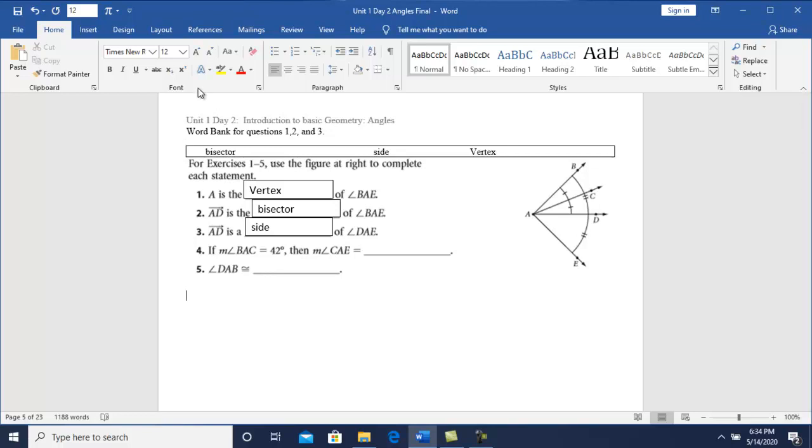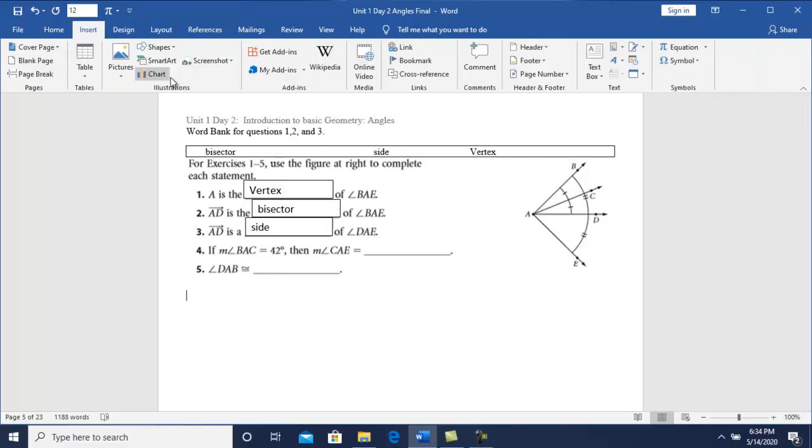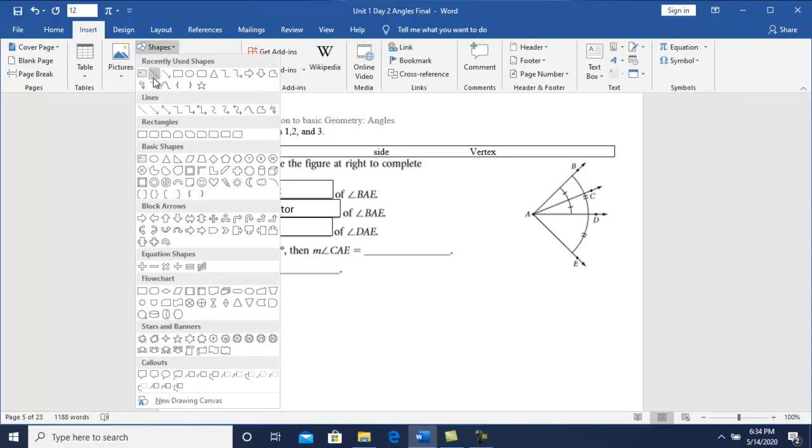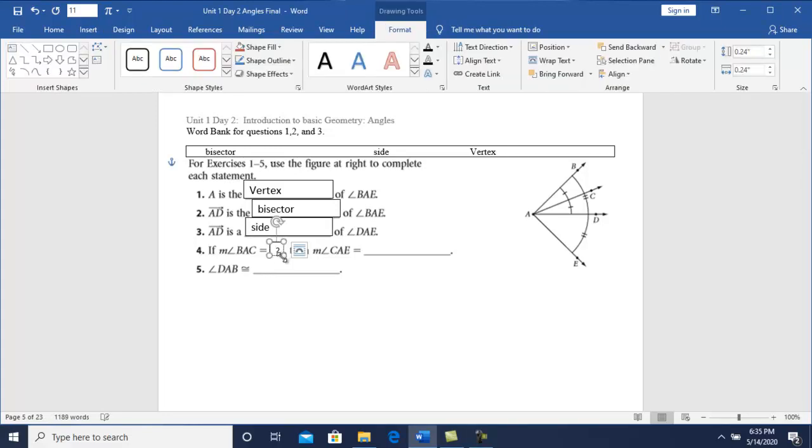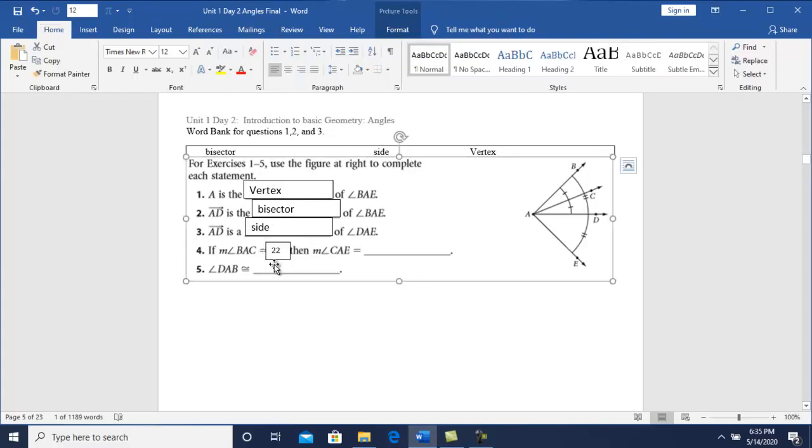So we're going to change that value. Realistically, that's more like 22. So I'm going to put 22 here. So BAC is going to be 22.